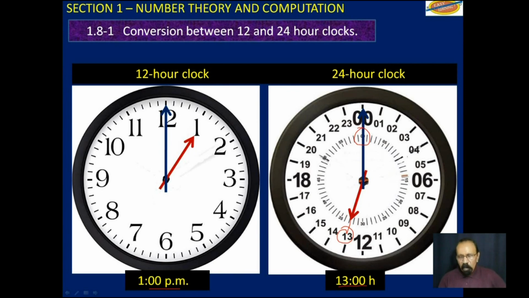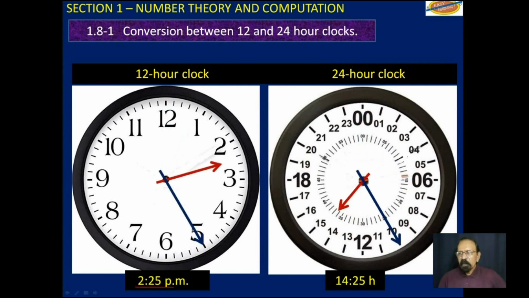From now on, until near midnight, we will have one major change. Over here, 2:25 p.m., that's a 12-hour clock. On the 24-hour clock, it is 14:25 hour. So remember, this clock had already gone through one 12-hour.